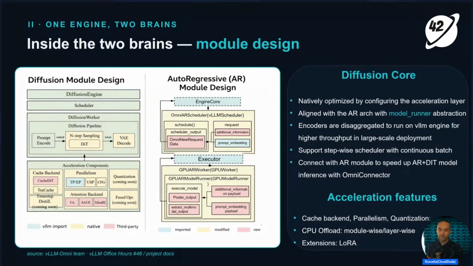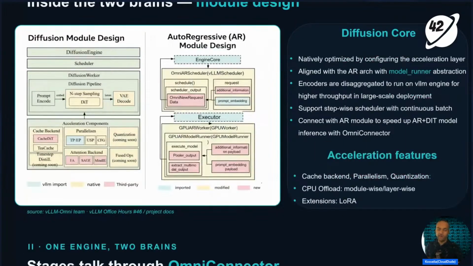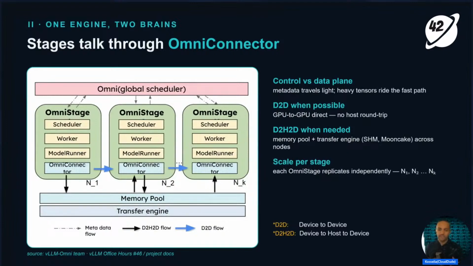And then how do the stages actually talk? Well, they do that through the Omni connector. This connector splits control plane from data plane. So you got light metadata on one path, the information metadata, and the heavy tensors ride a separate fast path, right?